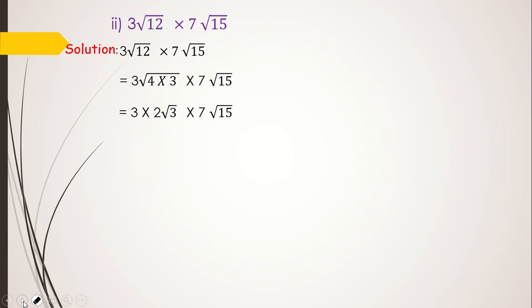So this will become 2 root 3 and this is 7 root 15. So 3 2s are 6 and 6 7s are 42. That was the rational number multiplication. And 15 3s are 45.